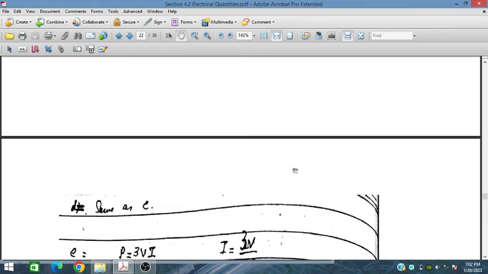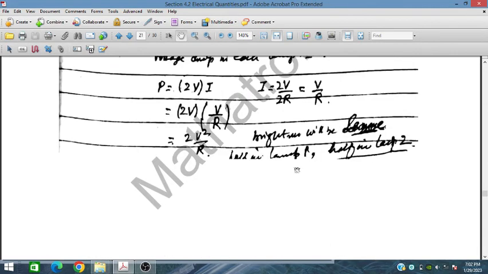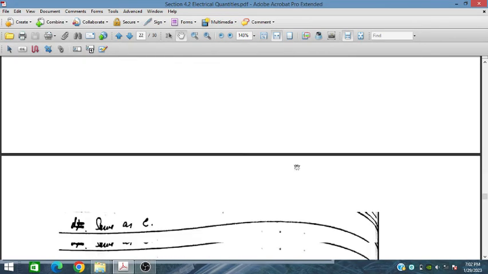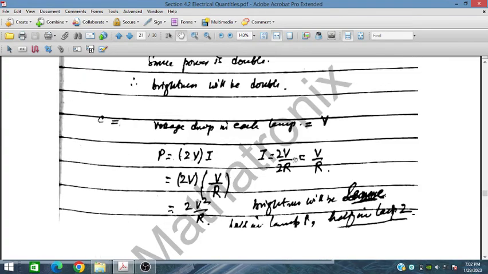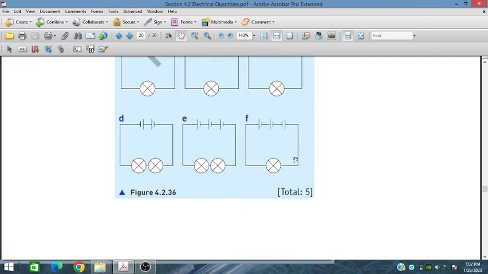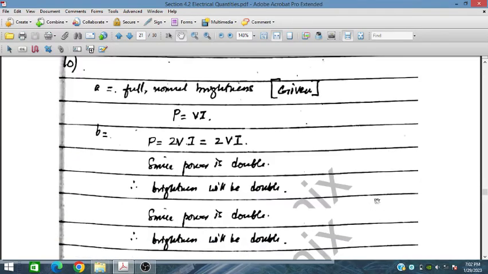In part E, same as C. This is 3 voltage, so the voltage is 3 times, so the glow will be more.